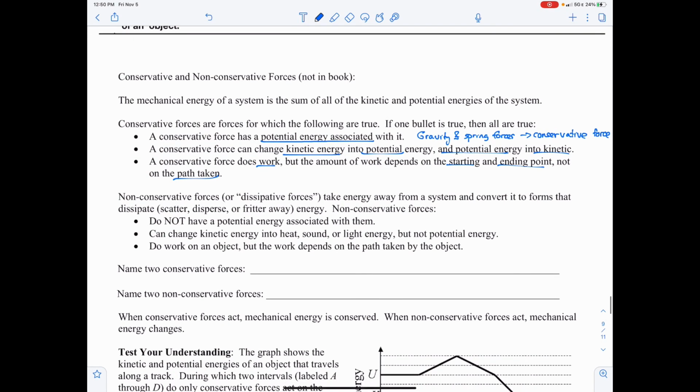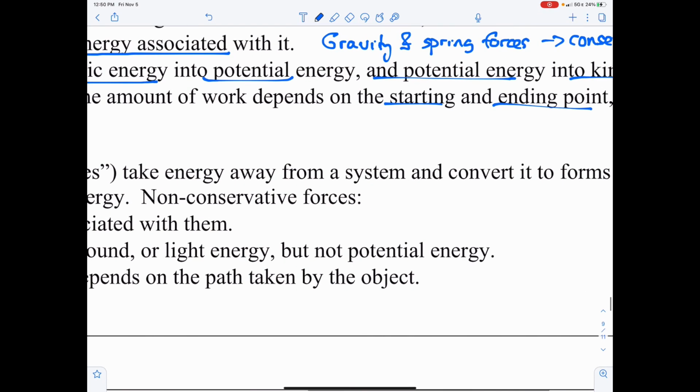Now, a non-conservative force or a dissipative force is one in which you have a change in mechanical energy as a result of that force. So, for instance, they do not have a potential energy associated with them. So that would be things like external forces. What are examples of external forces?